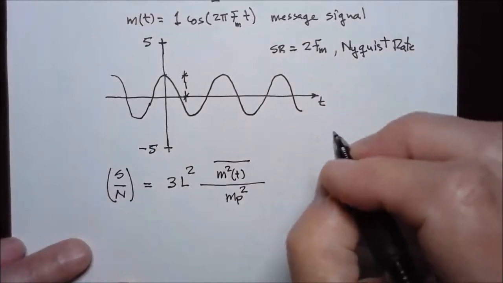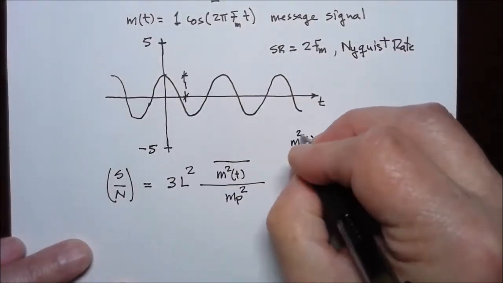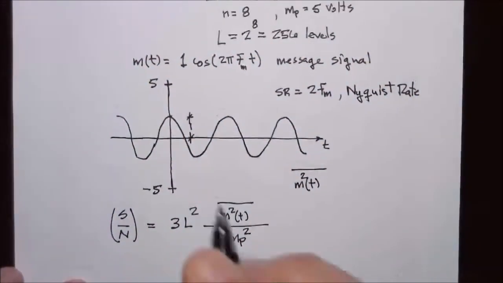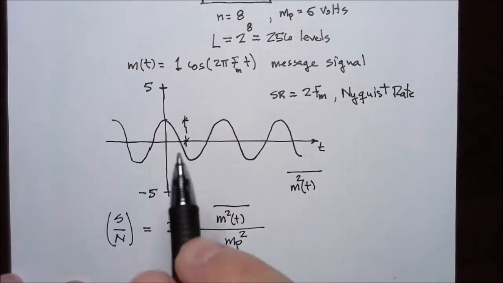Now the average power in the message signal, m squared time averaged, that's the average power in this cosine.